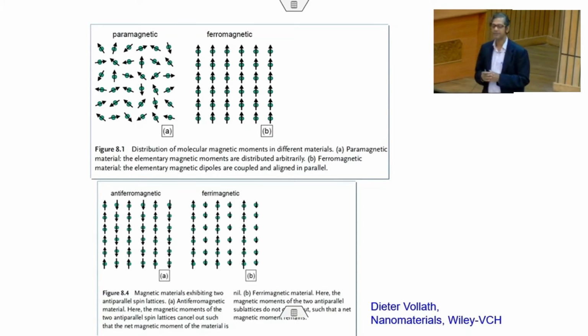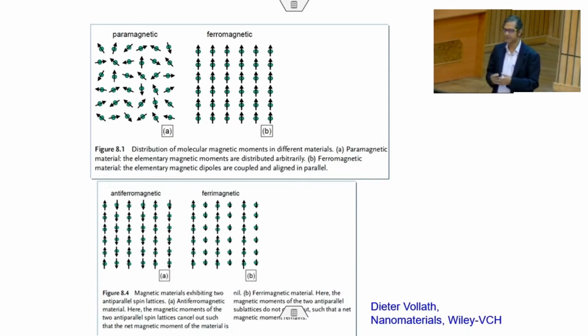And in the case of antiferromagnetism, as we just discussed, you have spins which are parallel but opposite, so they cancel out. And in the case of ferrimagnetic material, the magnetic moments of the two parallel sublattices do not match. So there is a resultant magnetic moment present, and it can be useful for various applications.